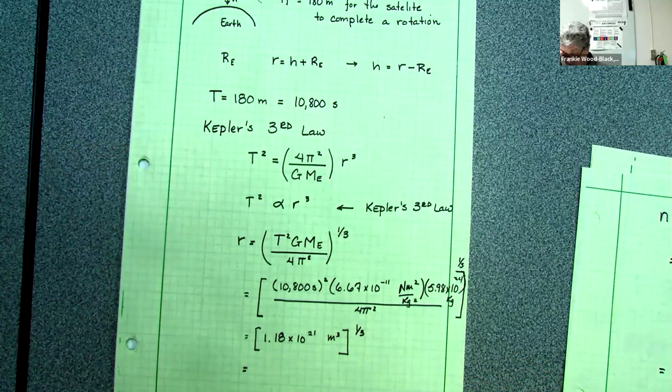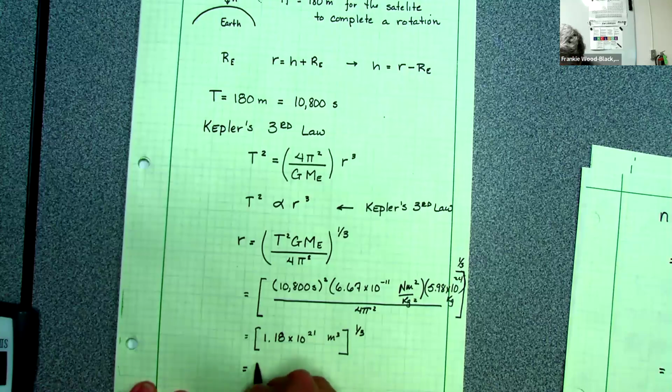Now make sure I punch it into the calculator correctly. And I get 1.06 times 10 to the 7th meters.